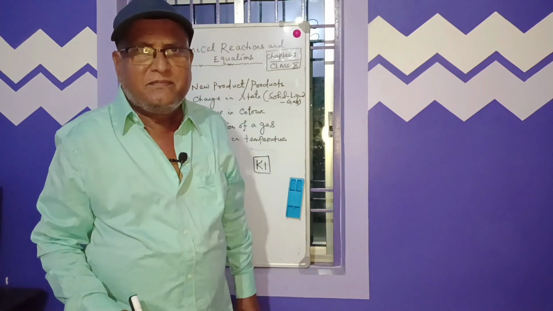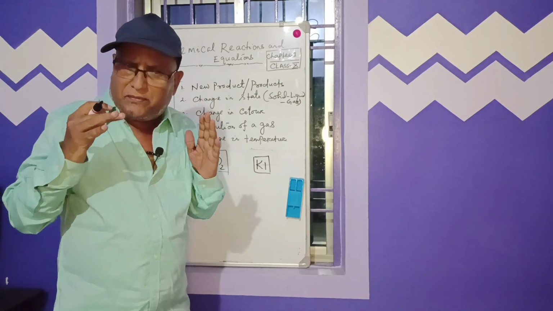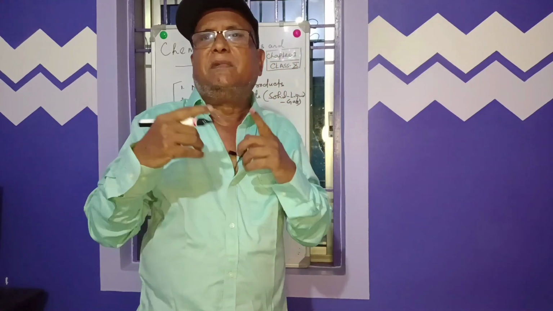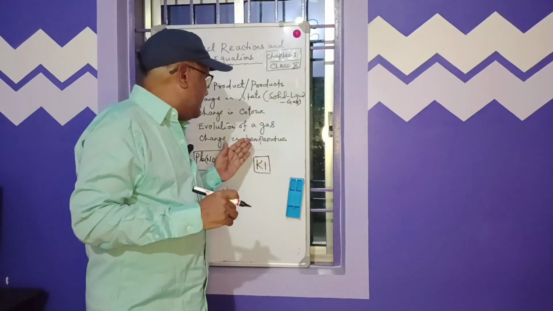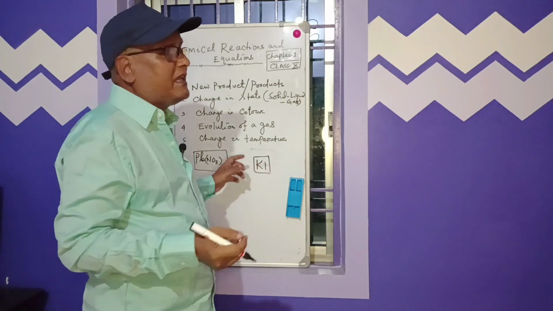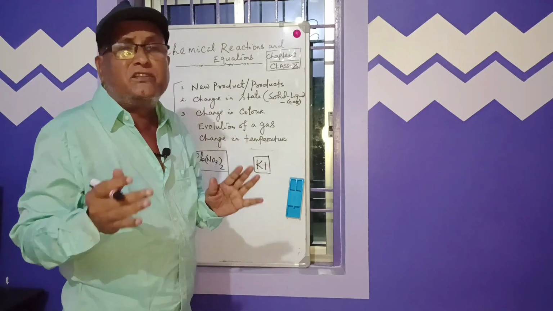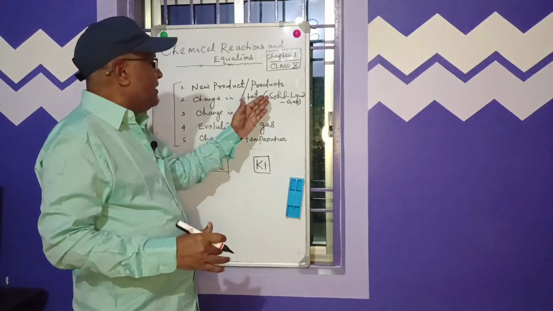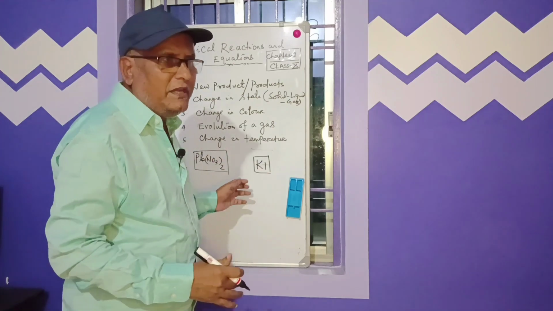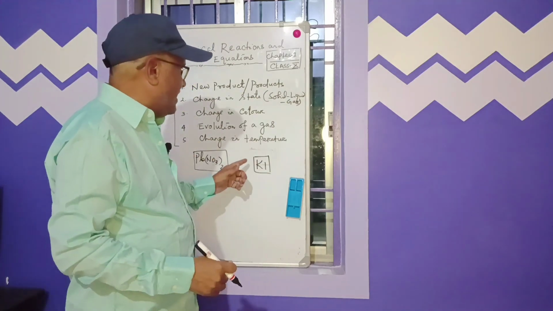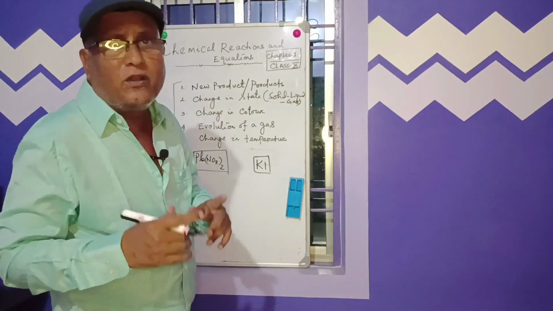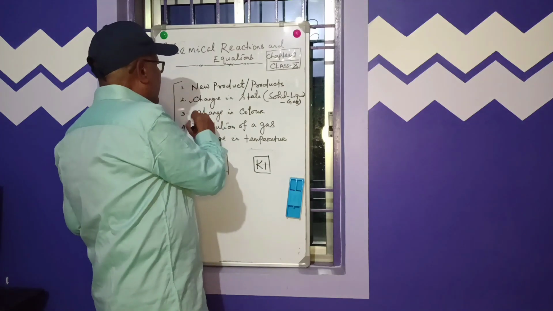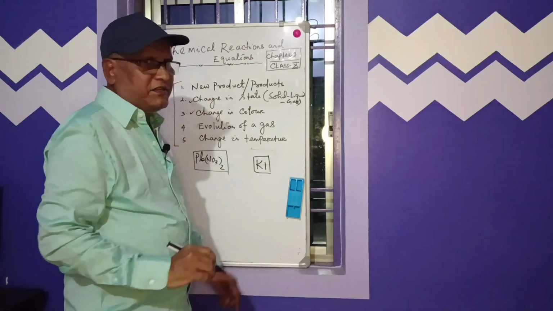Then what do we observe? The colorless solution turns yellow, and yellow precipitate or solid particles are formed. These particles are insoluble in water. Now we observe the liquid changes into a solid precipitate, and the color changes from transparent or colorless to yellow. So change of state and change of color we discussed here.